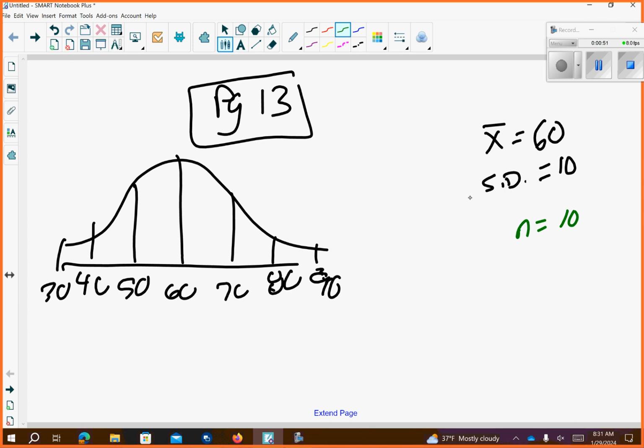Then we start getting into stuff saying, hey, if we have a certain sample, then we change the standard deviation to the standard error, which in this case would be 10 over square root of 10. It's like 20.